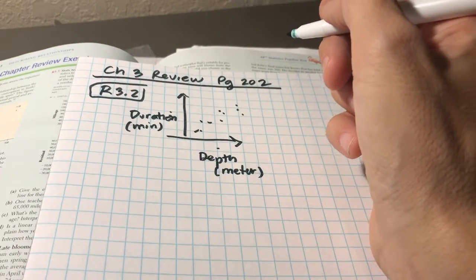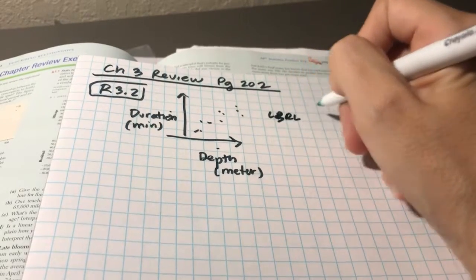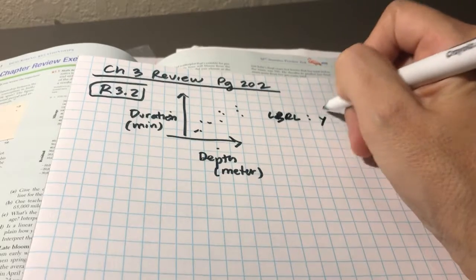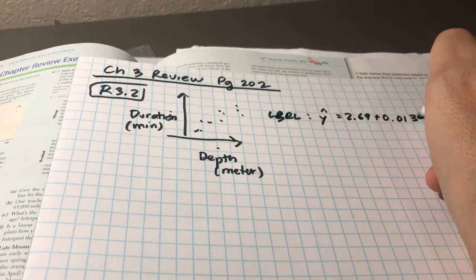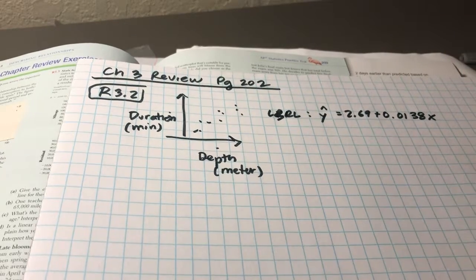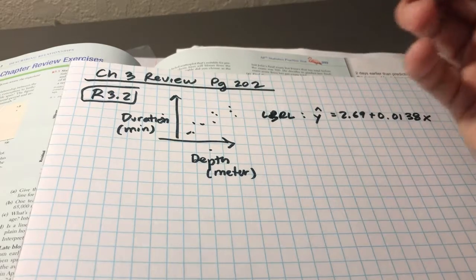The report says the least squares regression line equation is y hat = 2.69 + 0.0138x. Okay, so that's everything I've gotten out of the problem. I want to clean things up here and review overall.